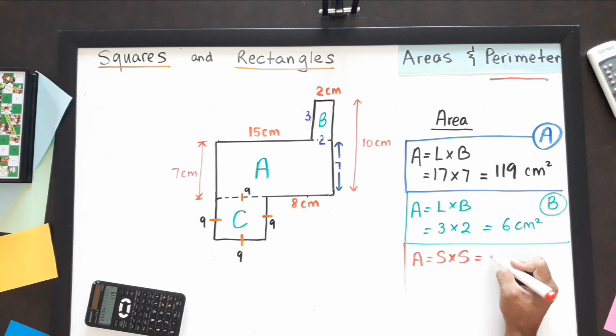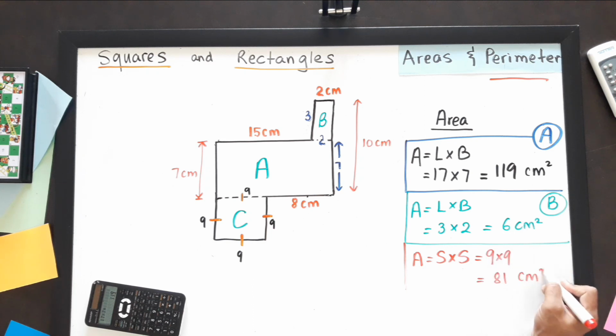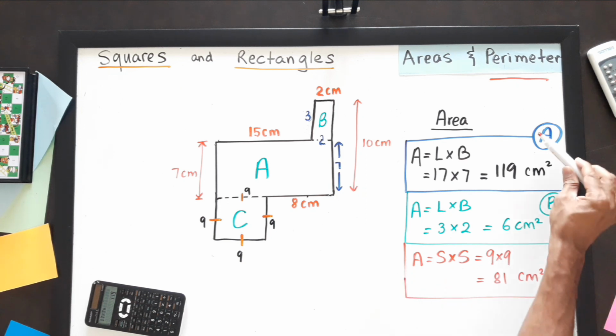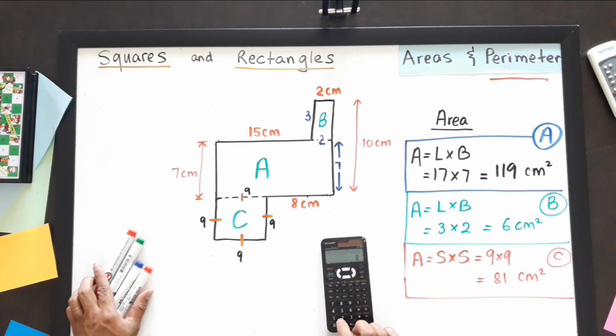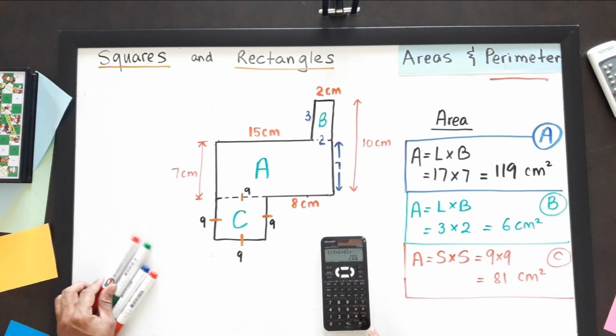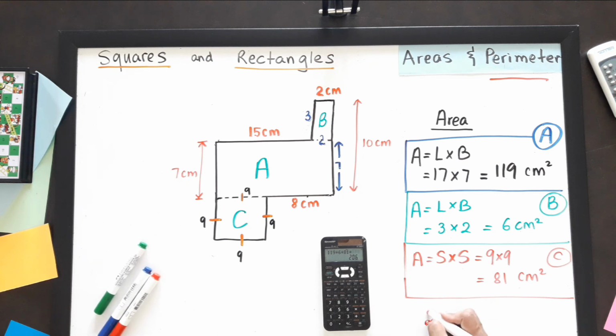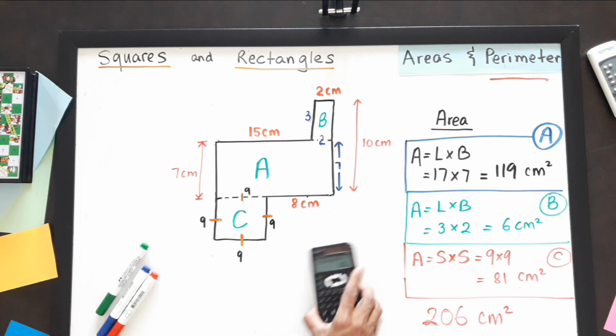Each side is 9, so it's just 9 multiplied by 9, which is 81 centimeters squared. To get the total area, we just have to add all 3 answers, and we are completely finished. 119 plus 6 plus 81. And that will give us 206 centimeters squared. Alright? So that's it for the area, right?